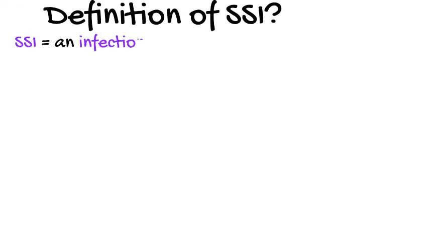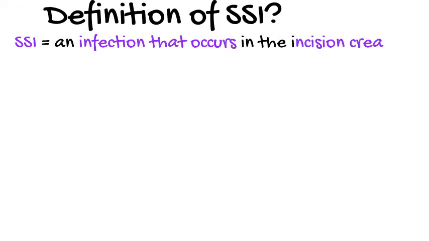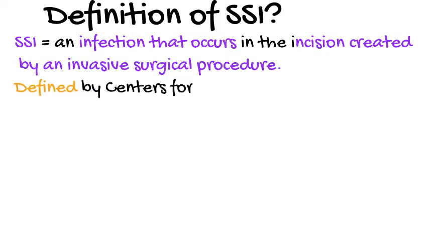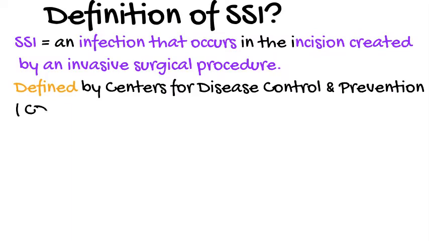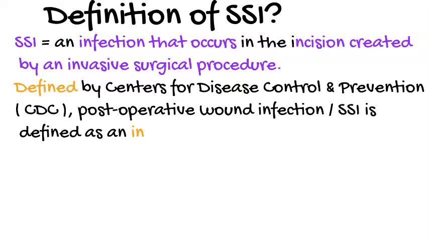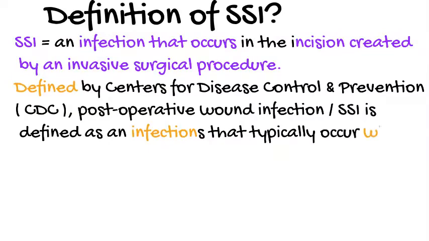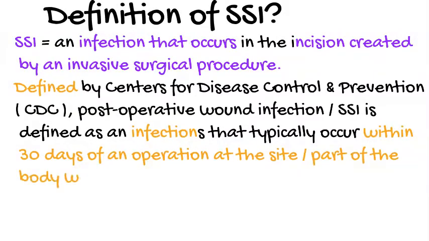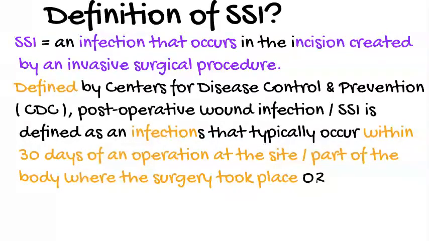So, what is the definition of surgical site infection? Surgical site infection (SSI) is an infection that occurs in the incision created by an invasive surgical procedure. It's defined by the Centers for Disease Control and Prevention (CDC).